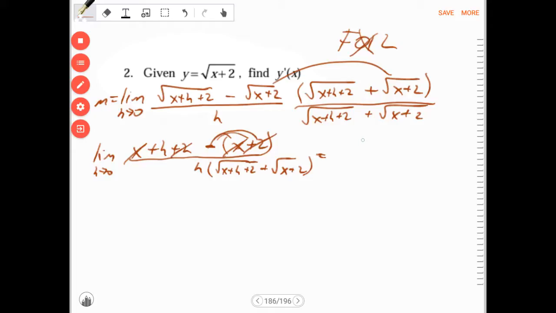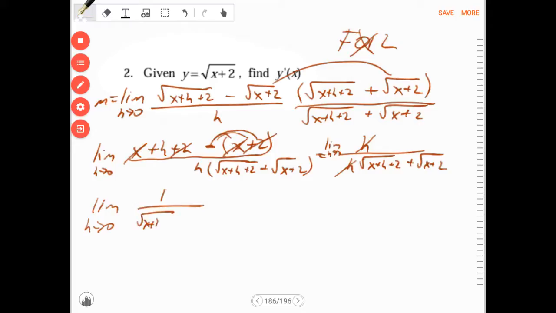So all we're left with on top is an h. So that's going to be the limit as h approaches 0 of h over h times root x plus h plus 2, plus root x plus 2. Now, of course, the h over h cancels.